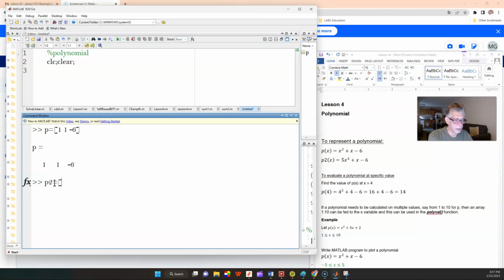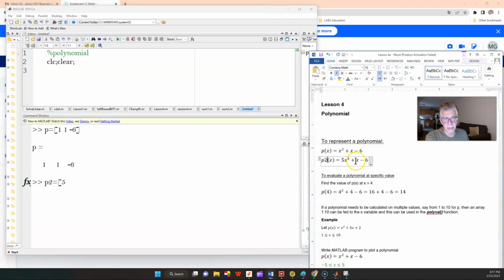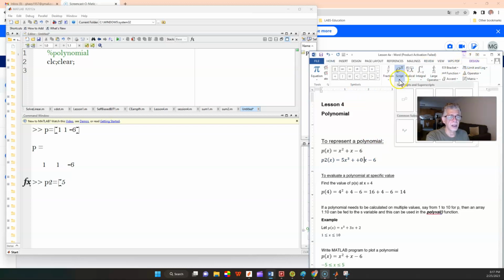So you write P2 equals square bracket. The first coefficient will be equal to 5. The second should be for x squared, but x squared is missing. So if you want to be precise, you can rewrite this polynomial by adding the x squared term with coefficient 0.